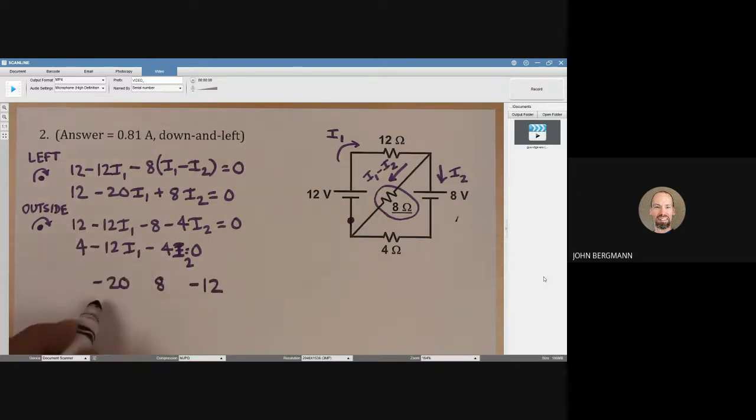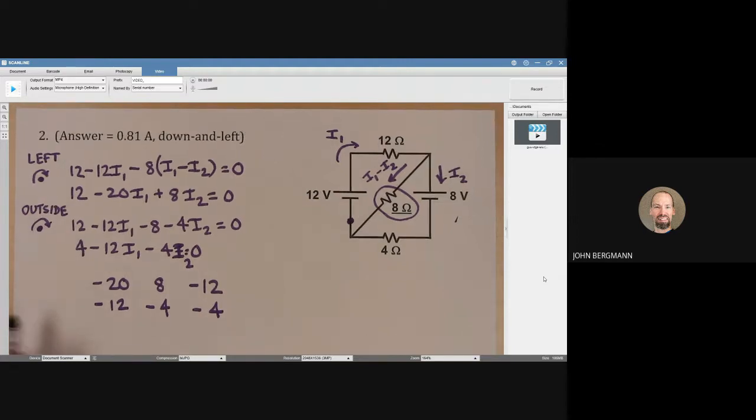The I1 is going to be minus 12, the I2 is going to be minus 4, and then the constant will be minus 4 because we have to put the constants on the right. If we wanted to multiply this whole equation on the bottom by negative 1 so that they all became positive, that's fine. No problem. But just to show you that it works, I'm going to leave it like that.